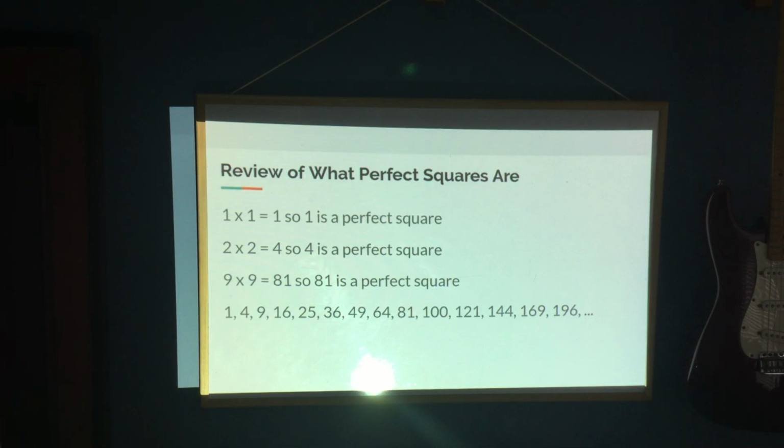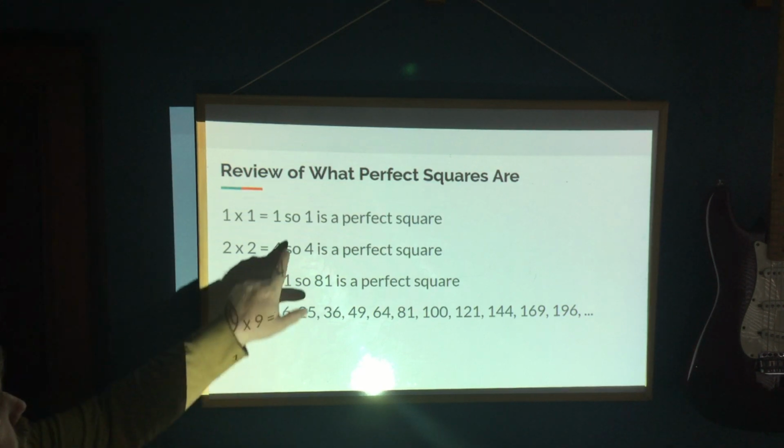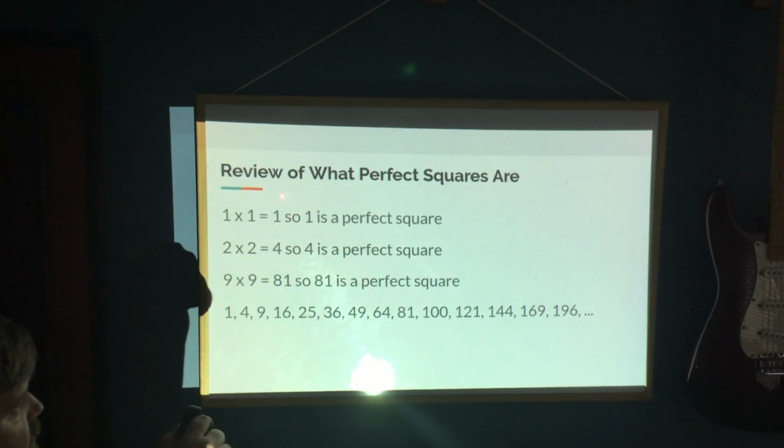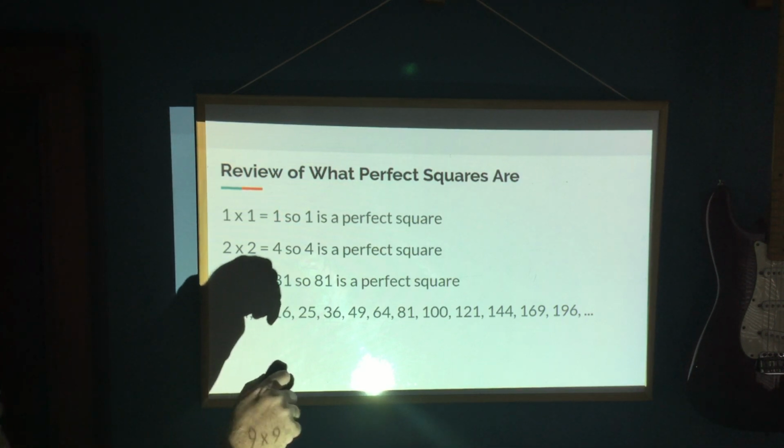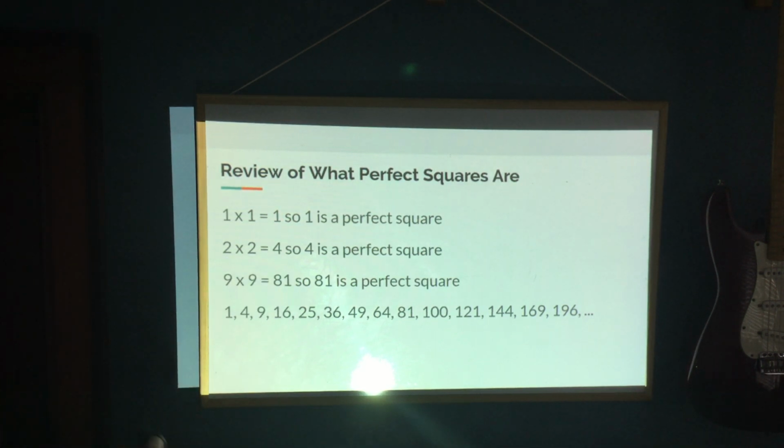So let's first quickly review what perfect squares are, because we're going to need to know what our perfect squares are. So I have up here, 1 times 1 equals 1. So 1 is a perfect square because of that number. Okay. 2 times 2 is 4, so 4 is a perfect square. 9 times 9 is 81, so 81 is a perfect square.